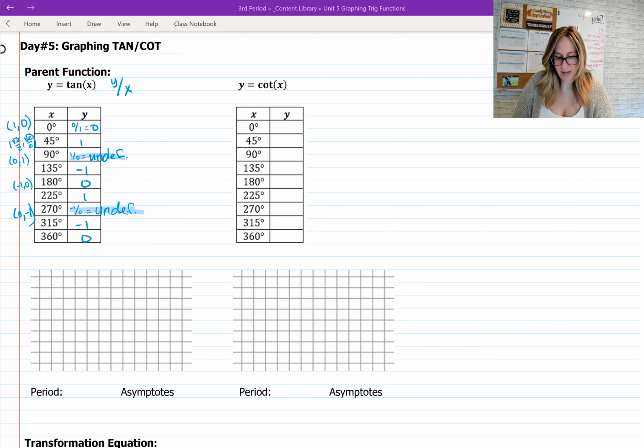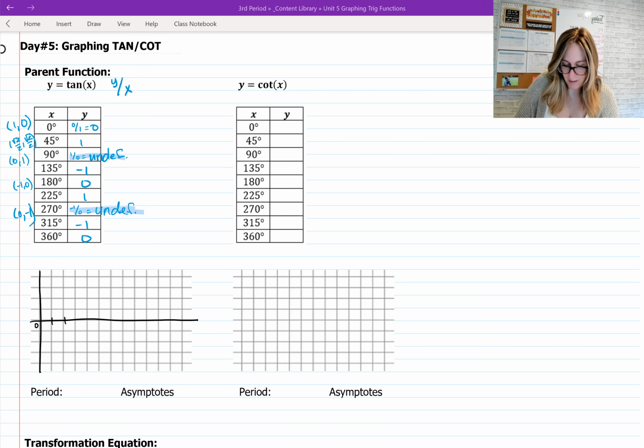Right here, I'm going to draw my x-axis and my y-axis, and I'm going to plot my points. I have 0, and I have 45. Let's see, hold on. 1, 2, 3, 4, 5, 6, 7, 8, 9. Yeah, we'll just do it like that.